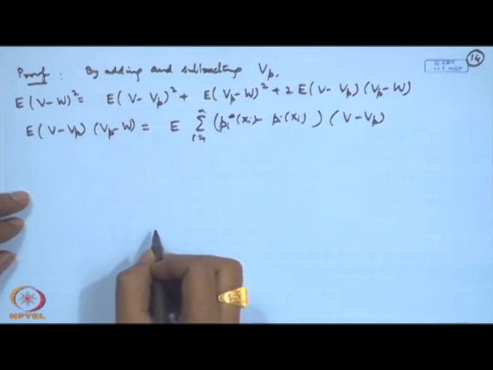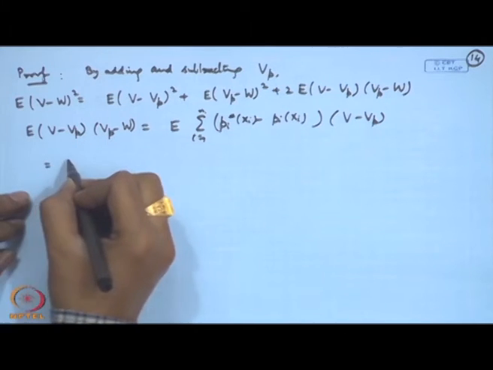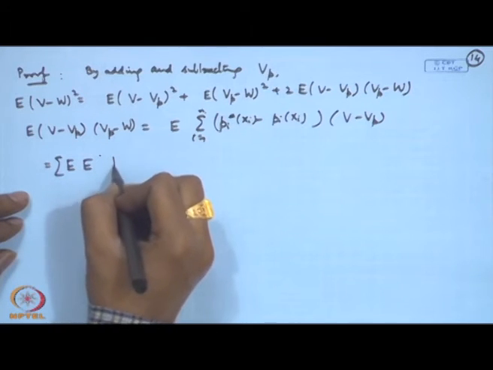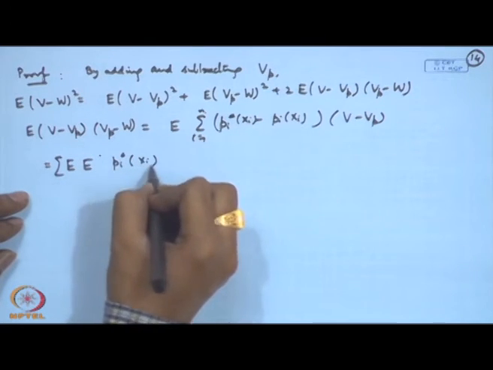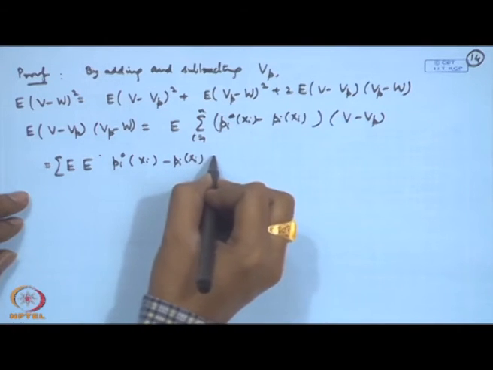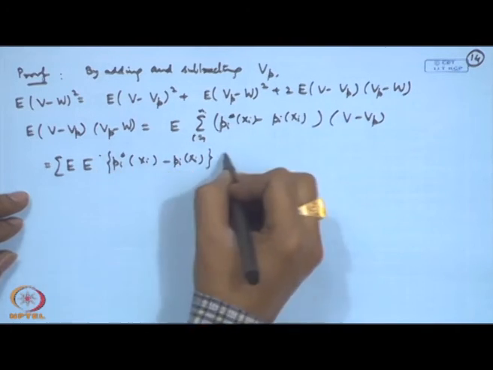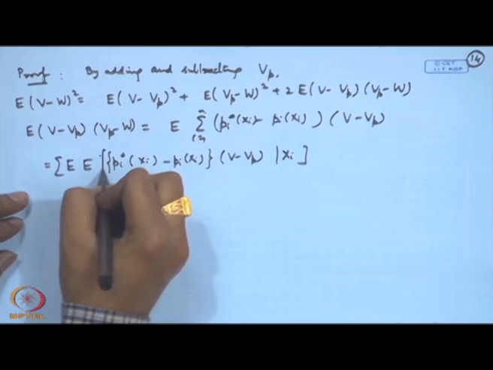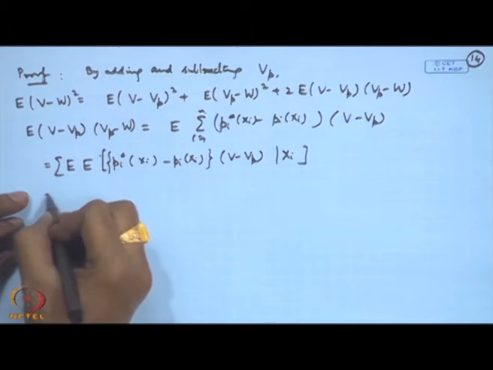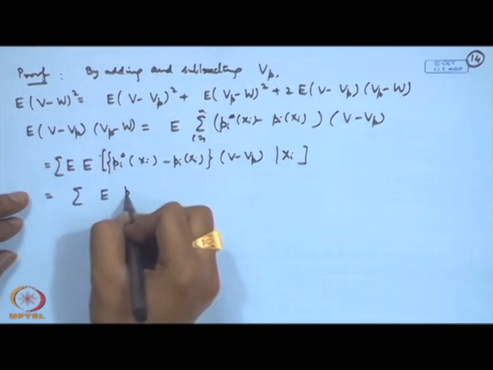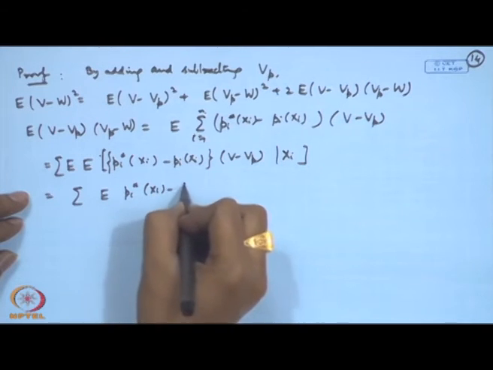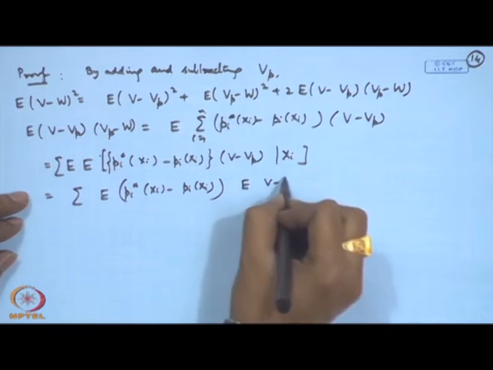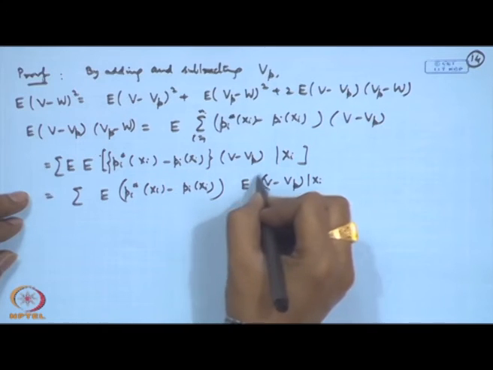Now, this we can write as the summation of expectation of expectation of (p_i star(x_i) minus p_i(x_i)) into (V minus V_p) given x_i. So, this becomes equal to expectation of (p_i star(x_i) minus p_i(x_i)). This term can be separated out, expectation of V minus V_p given x_i.